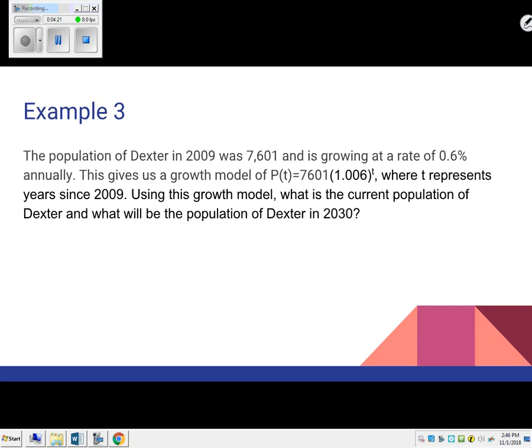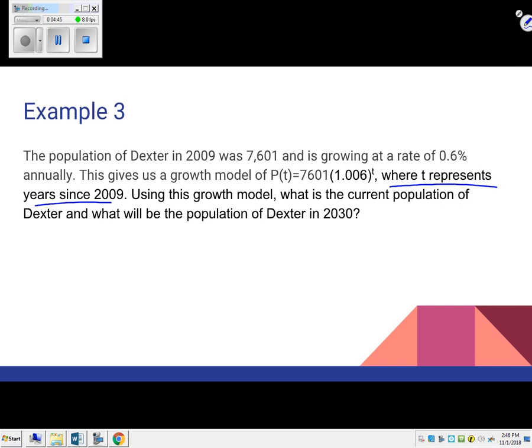So I've taken some liberty in here with some of the numbers just to make it so it comes out. So that's going to give me a growth model of P of t equals 7,601 times 1.006 to the t power, where t is the years since 2009. That's the big thing I want you to see with this, is that t is years since 2009.